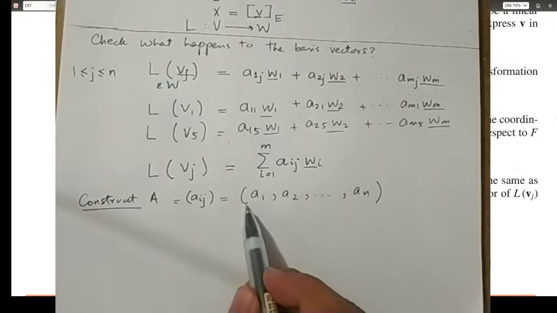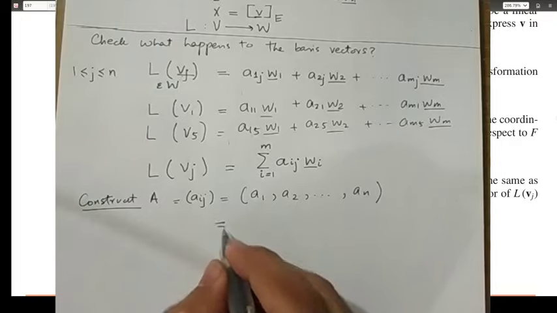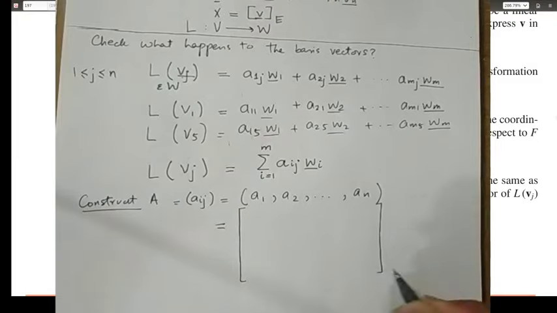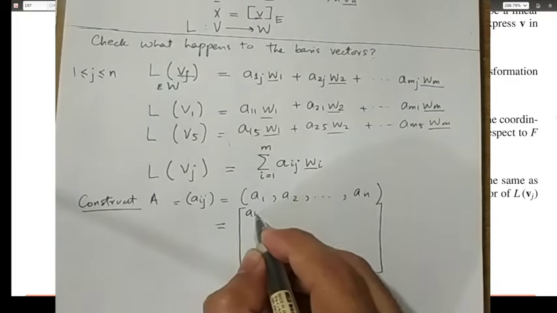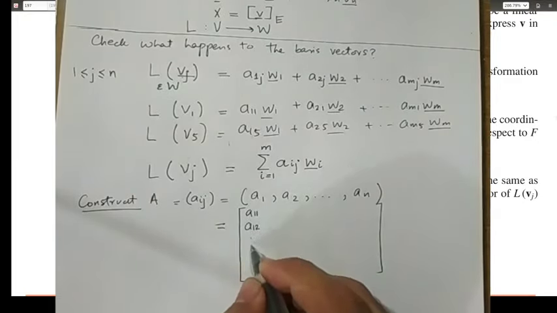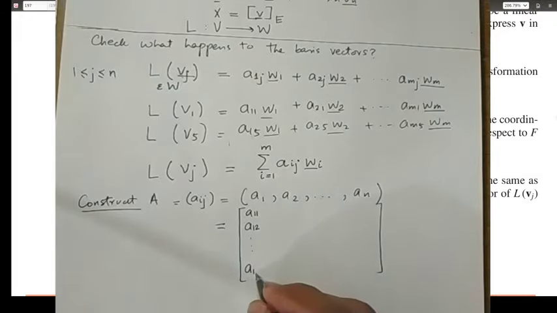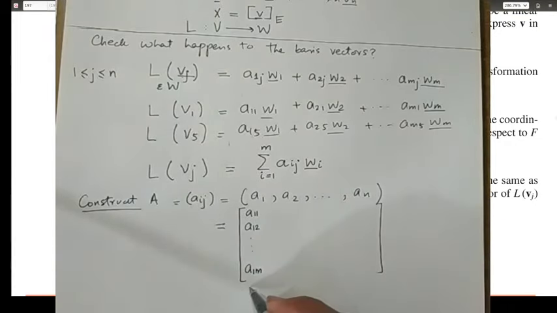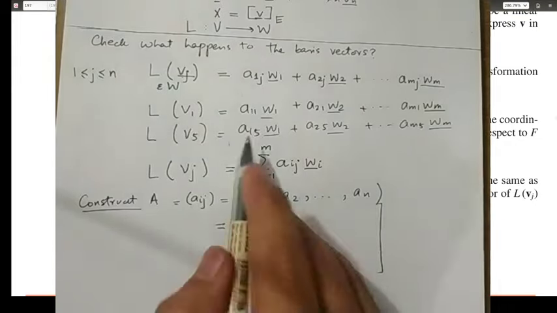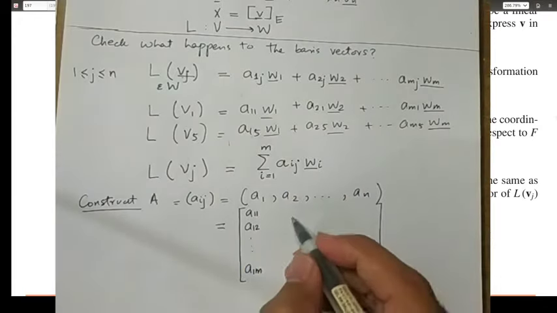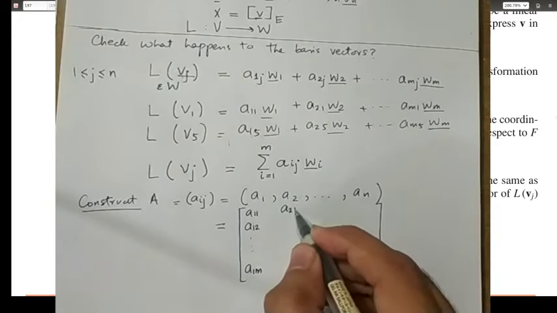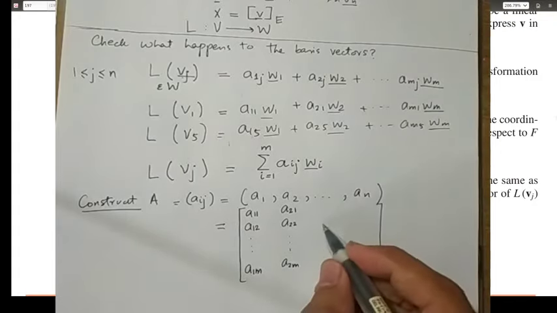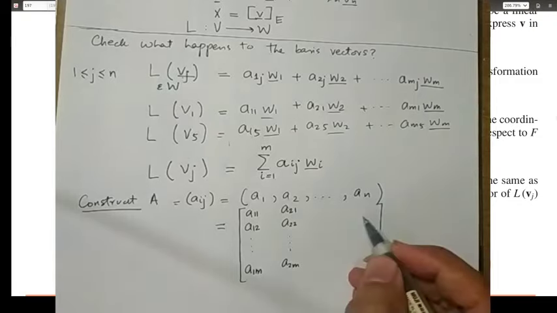So in column form, I have written these down, so I can expand this and write this matrix as follows. The first one is A11, A12 up until A1m. So this was the LV1. So notice that this is just the scalars from LV1. Similarly, you have A21, A22 up until A2m, and similarly this goes on.